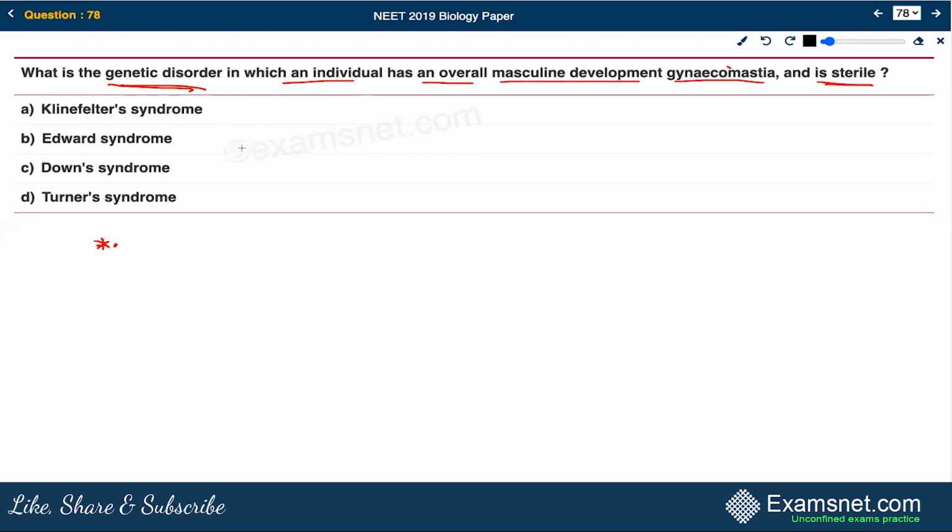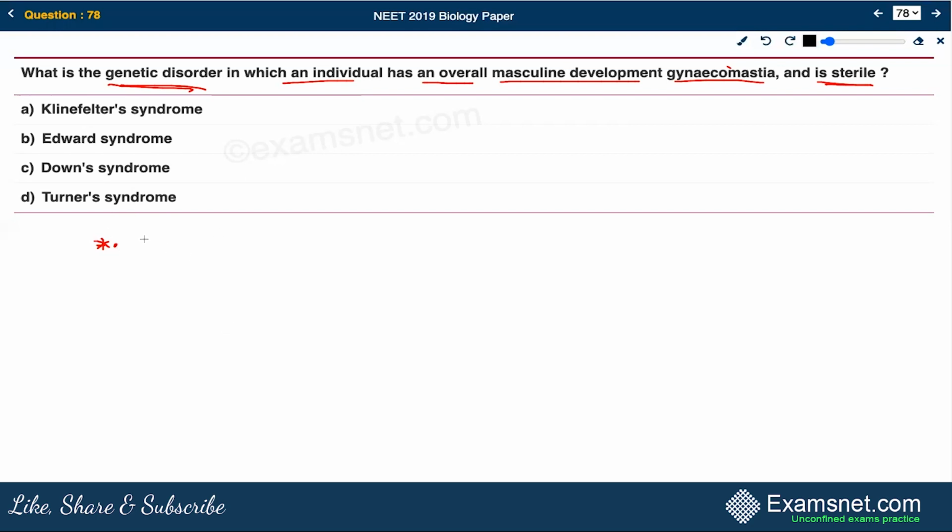individuals who have masculine development, called gynecomastia, are found if that individual is suffering from Klinefelter syndrome. Why? Because Klinefelter syndrome has a defect in the chromosome, and that defect is caused because of a trisomic condition in the chromosome.